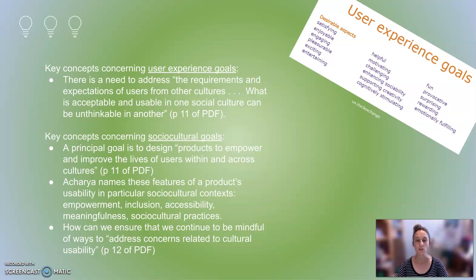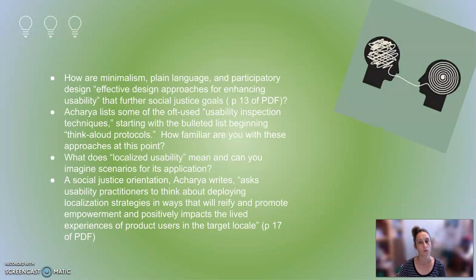Acharya names these features of a product's usability in particular cultural contexts: empowerment, inclusion, accessibility, meaningfulness, and sociocultural practices. How can we ensure that we continue to be mindful of ways to address concerns related to cultural usability? That's very important. And as we are an increasingly globalized workforce and manufacturing infrastructure, it's really important to think about these cross-cultural concerns.